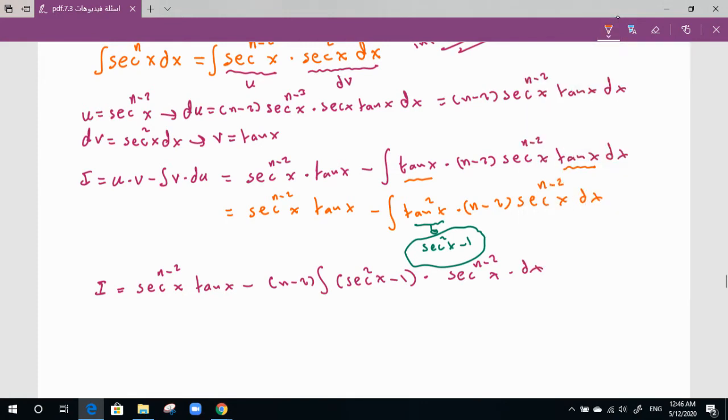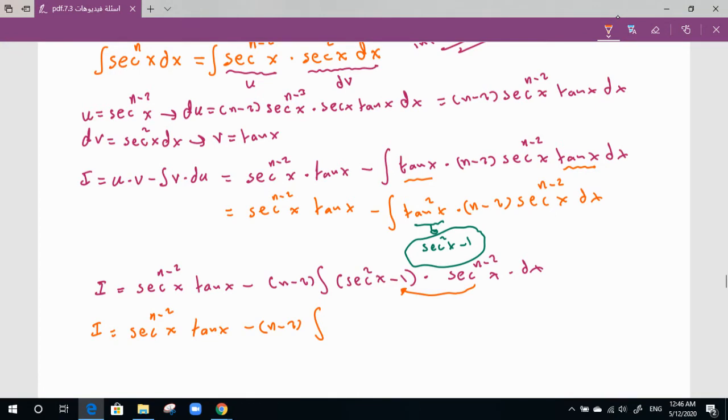I will take secant to the power n minus 2 inside the bracket, so I equals secant n minus 2 x tan x minus n minus 2 times the integral of secant square times secant to the power n minus 2.